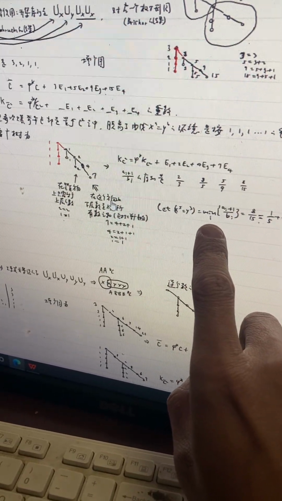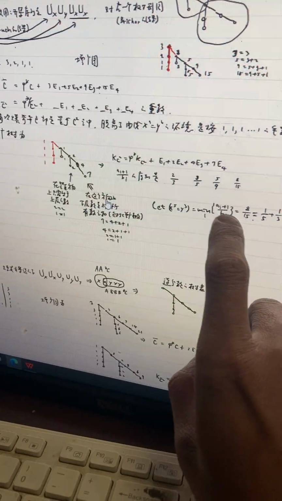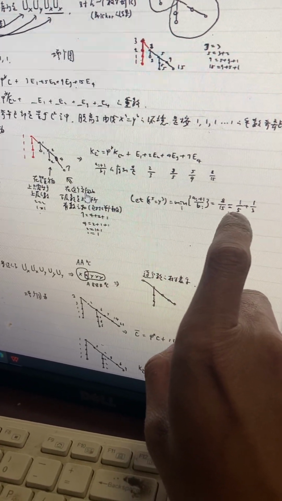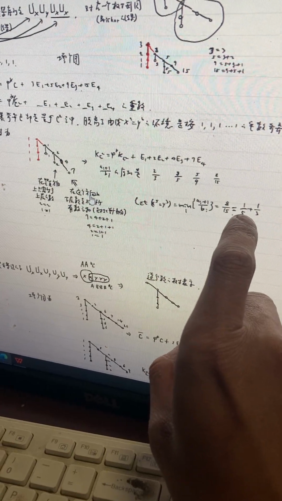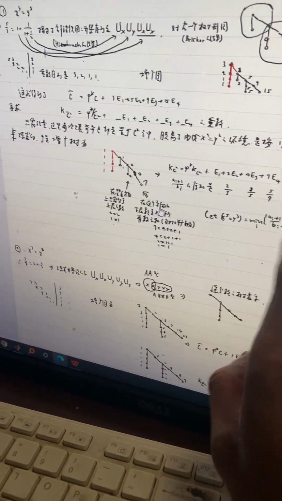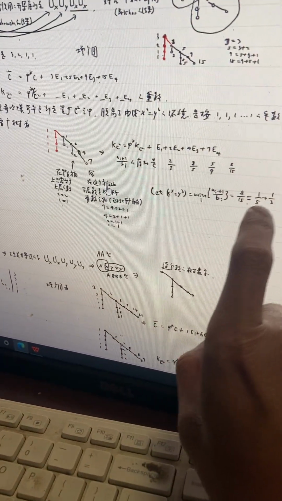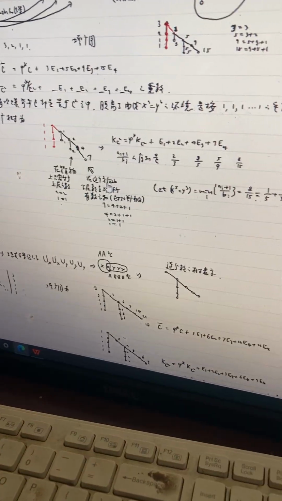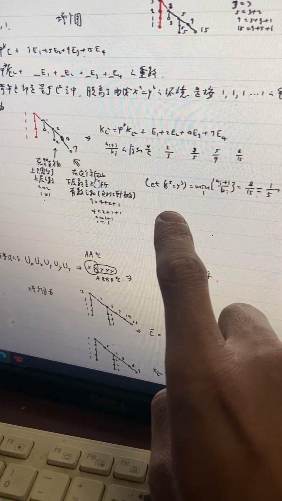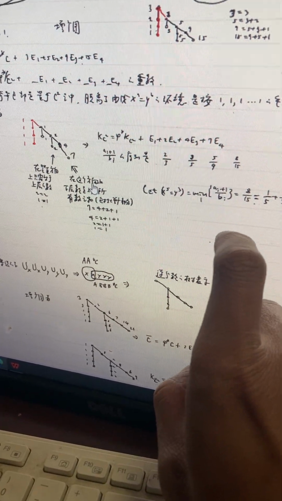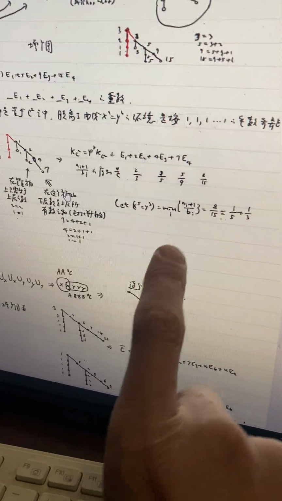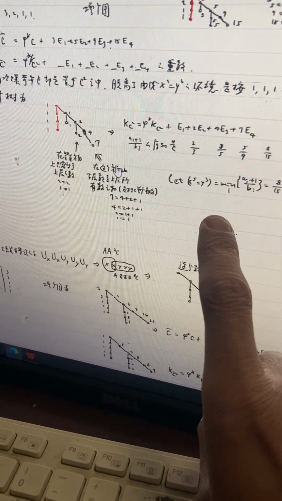This is the minimum of this set. If I verify it's 1 over a plus 1 over b, and if I can prove it, then to some extent I have verified the log canonical threshold minimization.